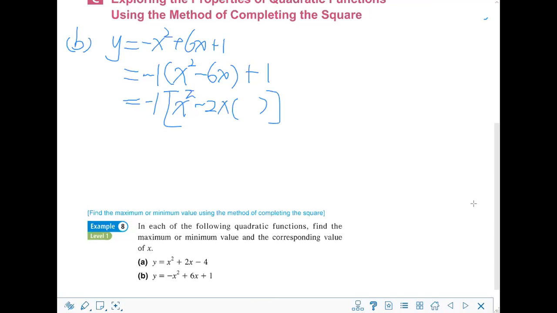Okay, and then we need to think which number it is. So for this case, it's very easy. It should be equal to 3, right? And then plus 1. Okay, and then we need to, please wait.